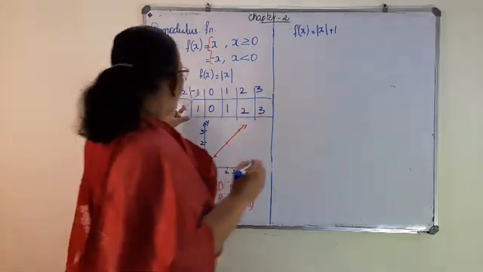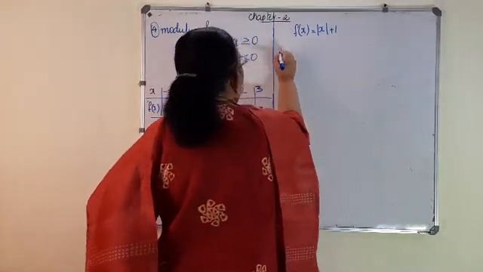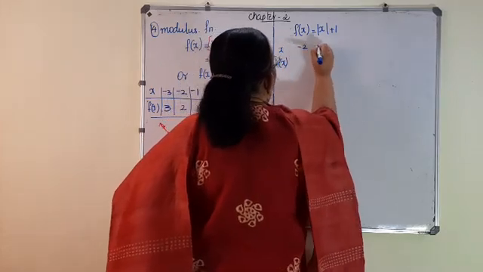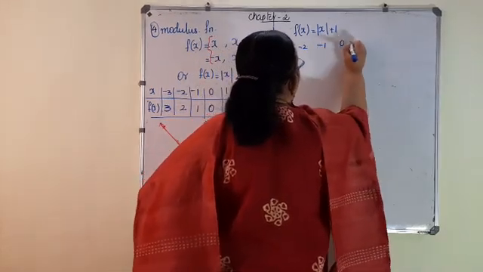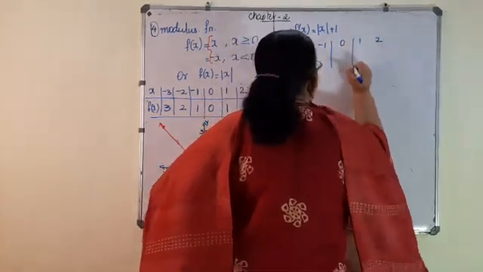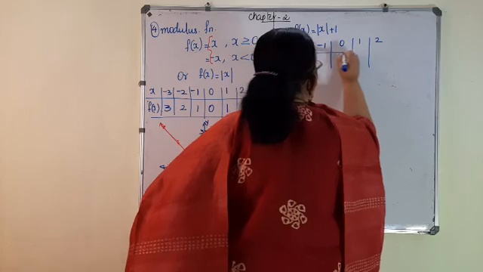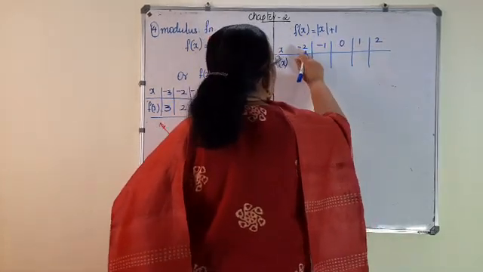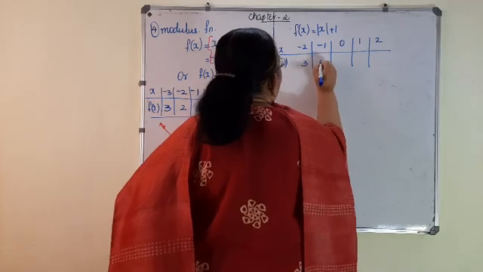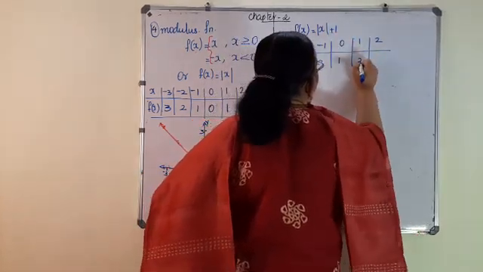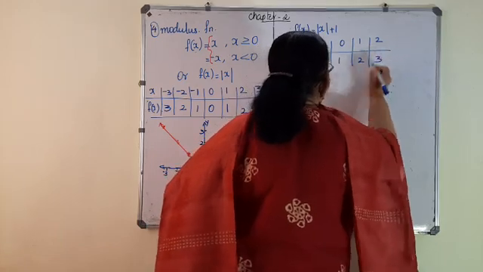Now, let us take some points. x values: minus 2, minus 1, 0, 1, 2. Modulus of 2 is 2, plus 1 is 3; 1 plus 1 is 2; 0 plus 1 is 1; 1 plus 1 is 2; 2 plus 1 is 3.